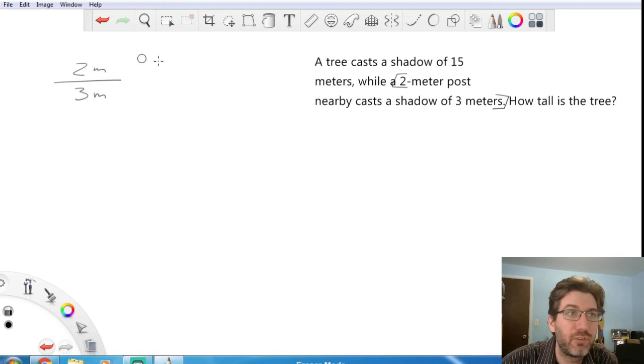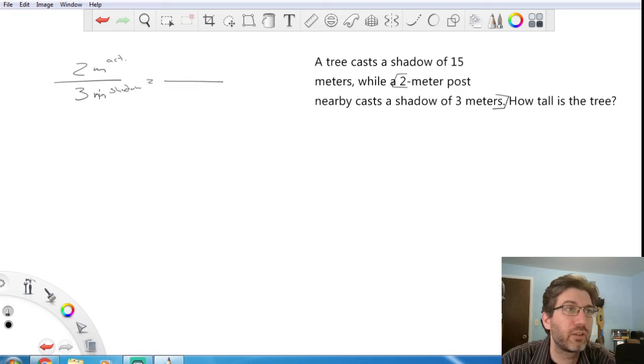Everything's in meters, so keep in mind that this is actual things and this is shadows. Pay attention to context when you line things up. Then a tree casts a shadow of 15 meters, and that's a shadow, so it goes with shadows. So 15 goes there. You don't know this one.